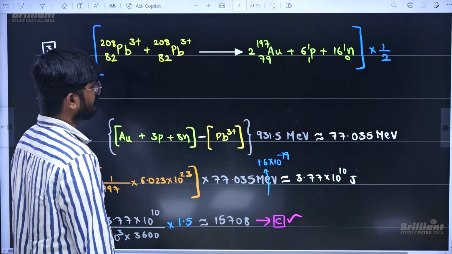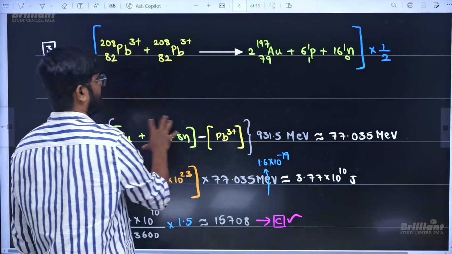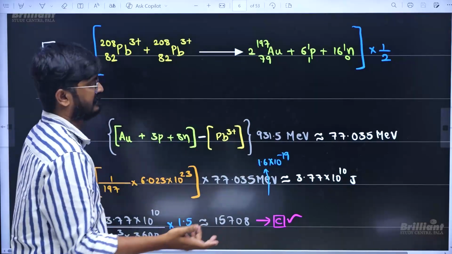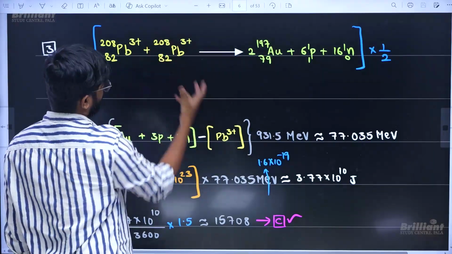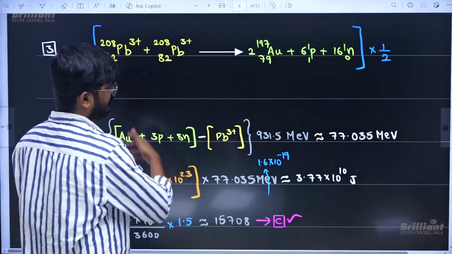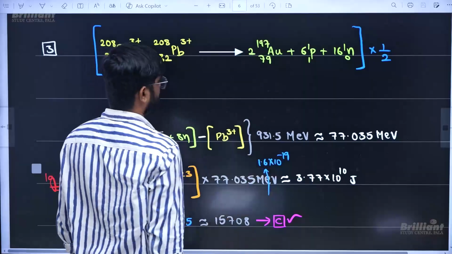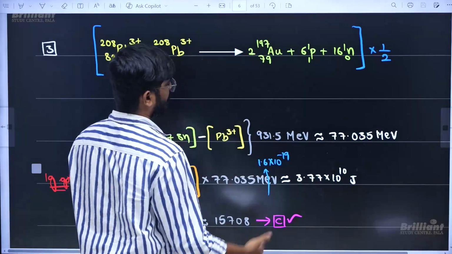So the final mass will have some energy, the initial mass will have some energy, and mass is going to be equivalent to energy, right. So, final mass energy minus initial mass energy will give us the energy we supplied. Now we need this for only one nucleus formation, so we will take half of that.